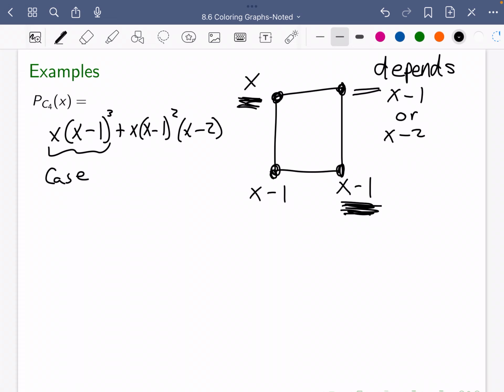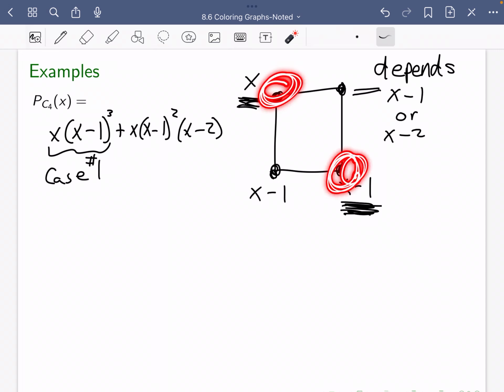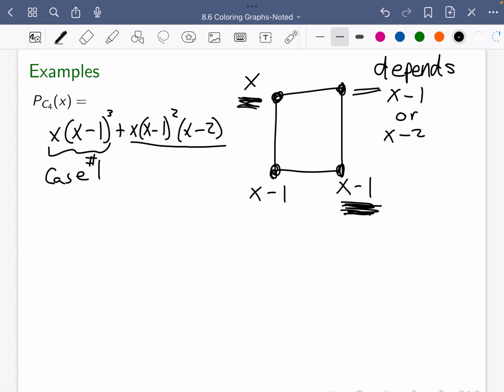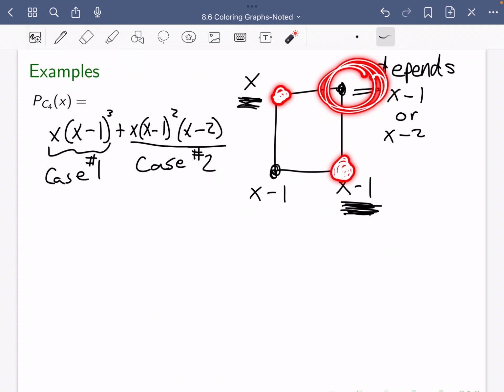Case 1 is the case where the color on this and the color on this were the same, so then this one has x minus 1 options. And case 2 says, oh, but what if the color here and the color here were given different colors? Then this one has two colors it has to avoid out of the x available to it. So those are our two cases.